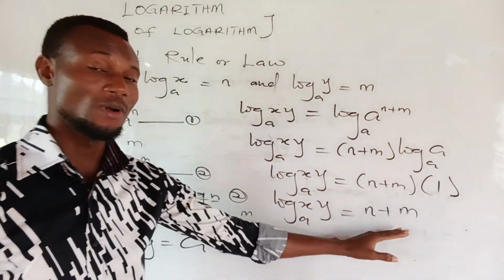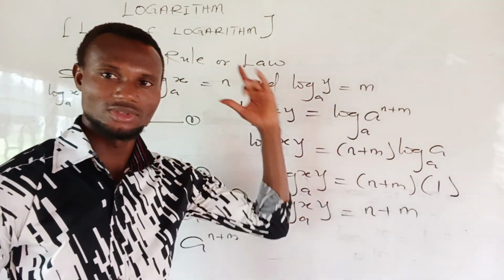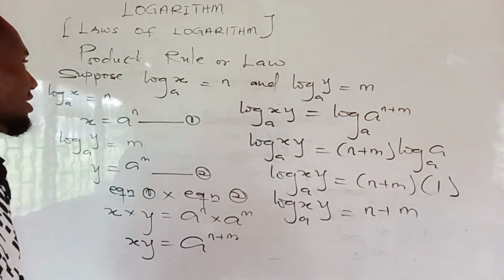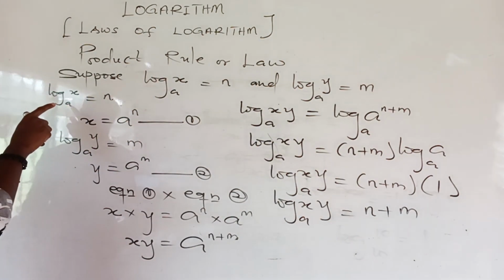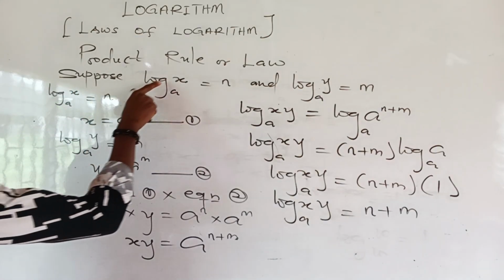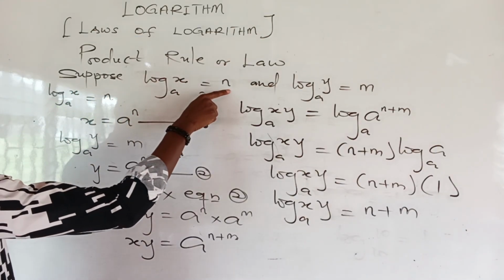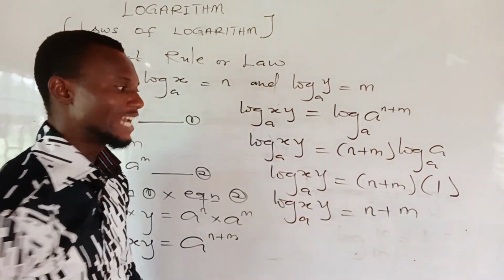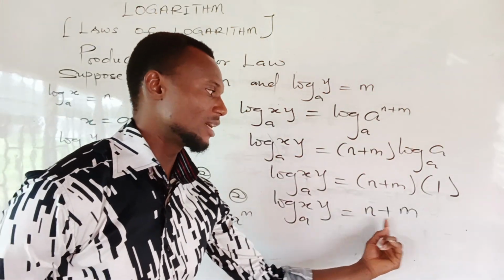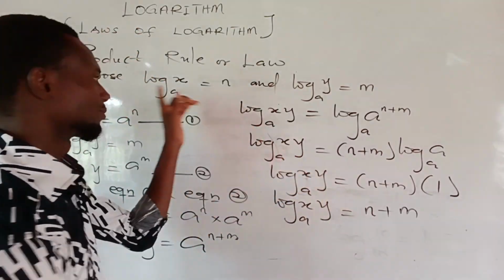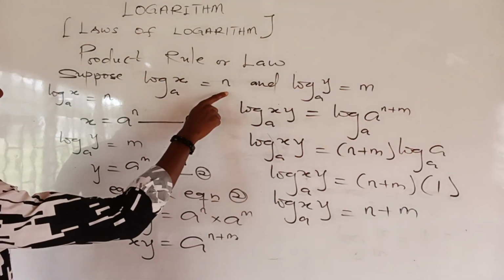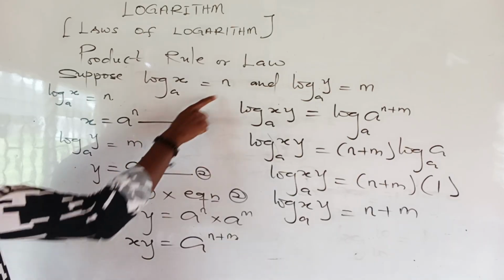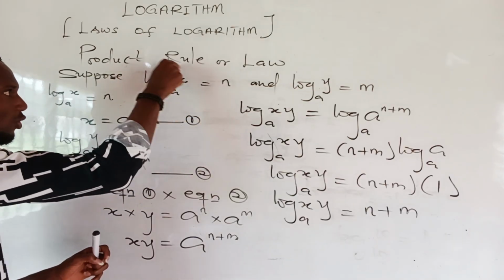Okay, so now from here, let's go back to the premise of establishing the log. What did we say? We said that we are supposed to suppose log s to the base a equals n and log y to the base a equals m. Now, in place of the n and the m, we are going to do a substitution. Because we know that n equals log s to the base a, in place of n, we are going to put this whole thing there.